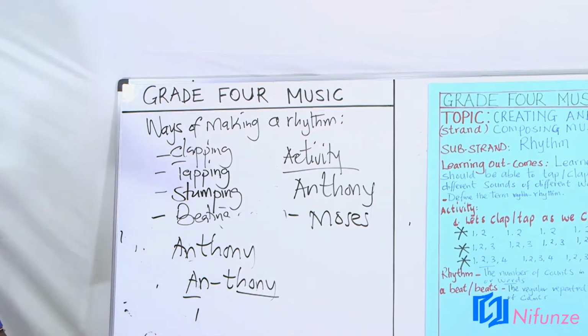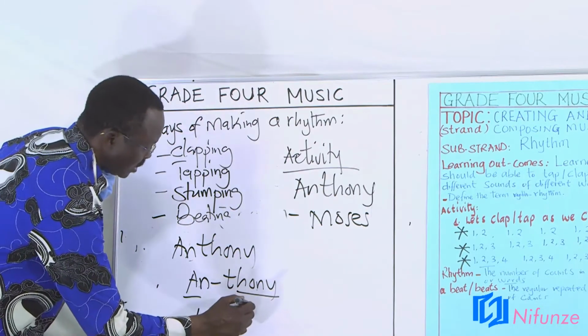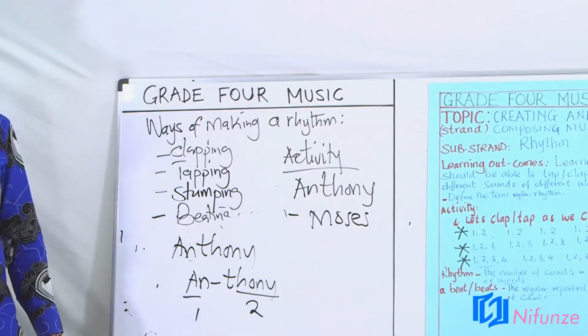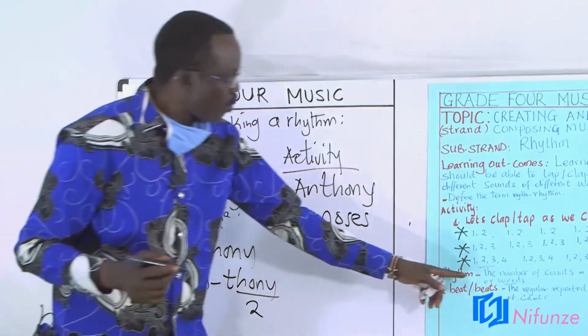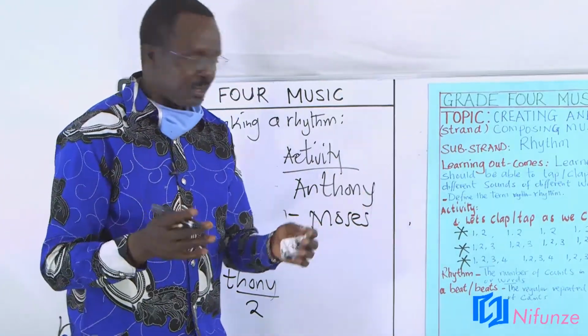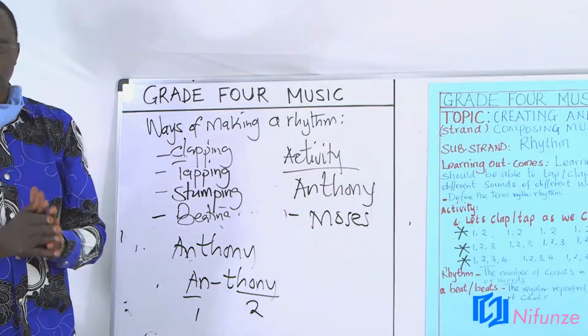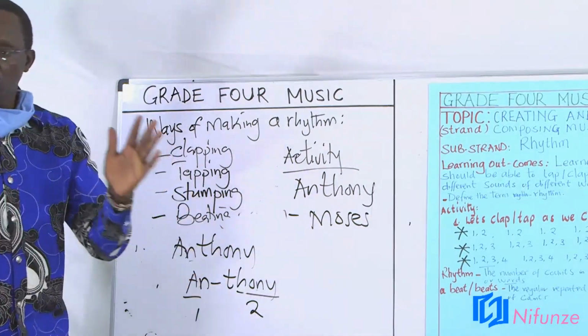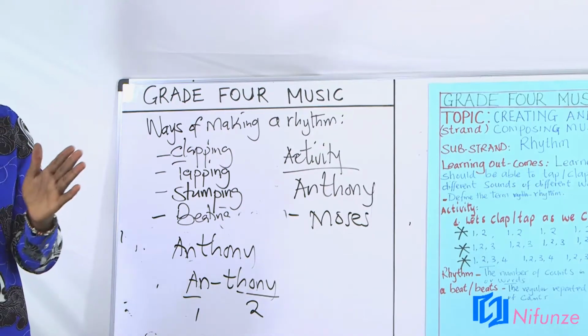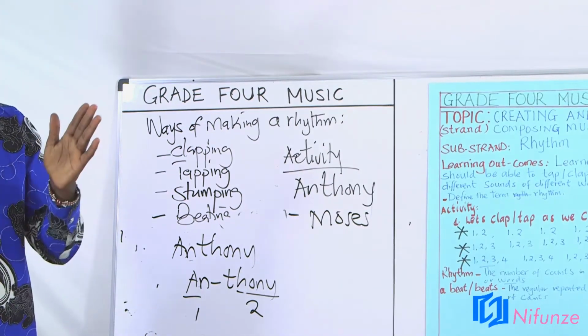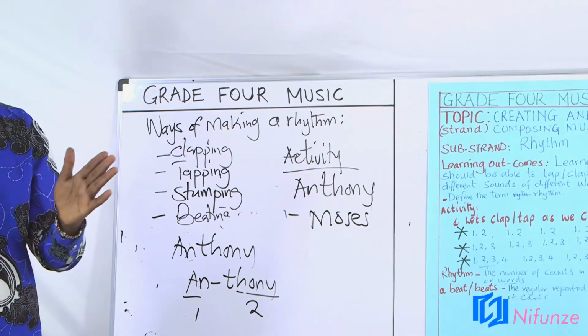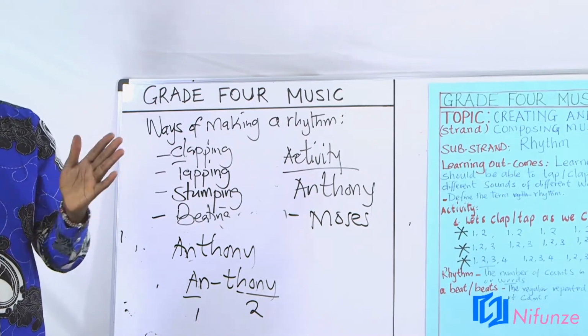A is one beat, Tony is another beat, but a longer one. We said a rhythm is composed of long and short words. So we tap this one as 1, 2, but Tony is longer. 1, 2, Anthony, Anthony, 1, 2, Anthony.